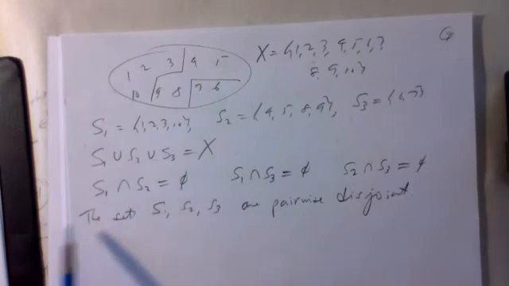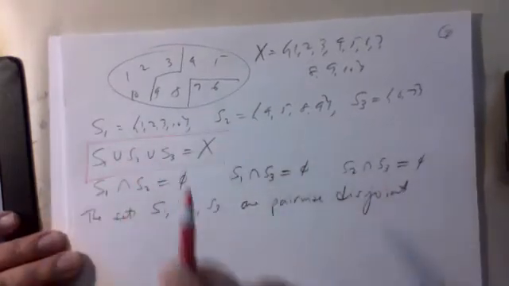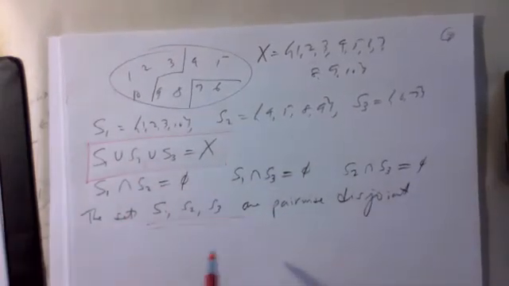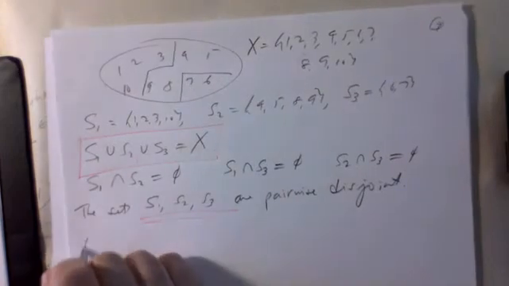So we have a very pretty picture here. On the one hand, X is the union of these three sets, but these three sets are pairwise disjoint. This is what is called a partition.